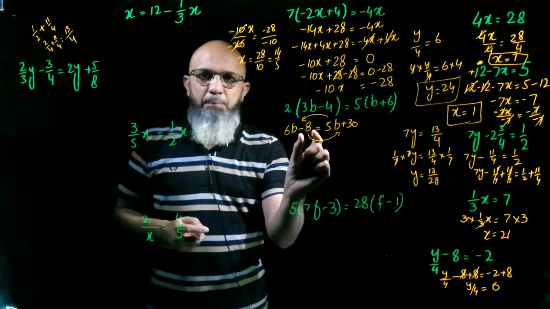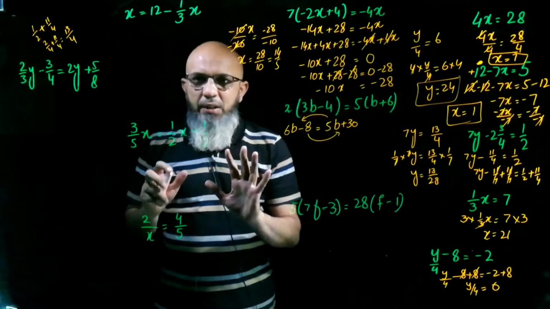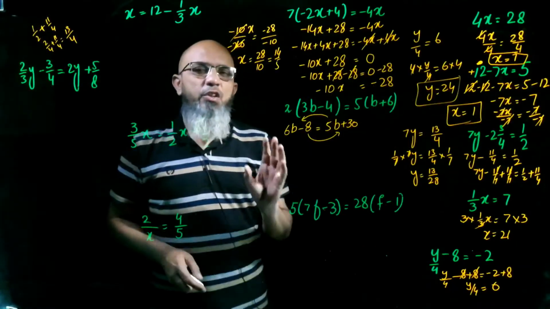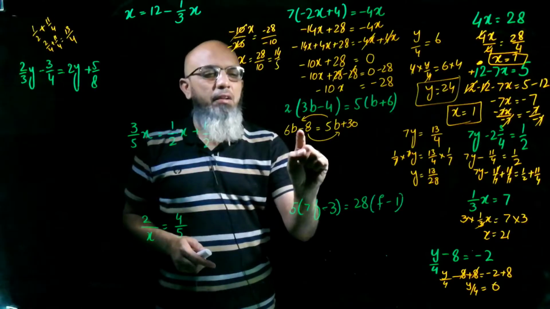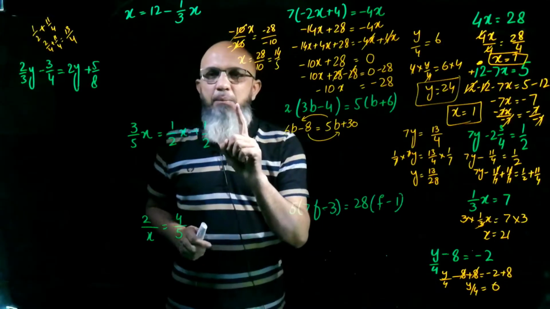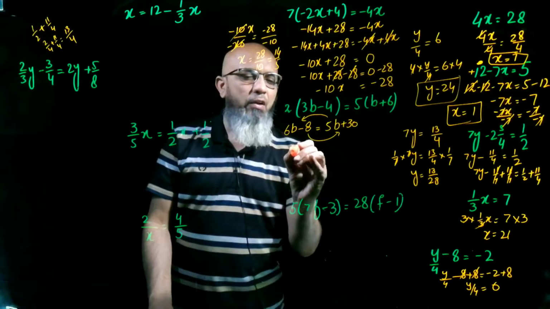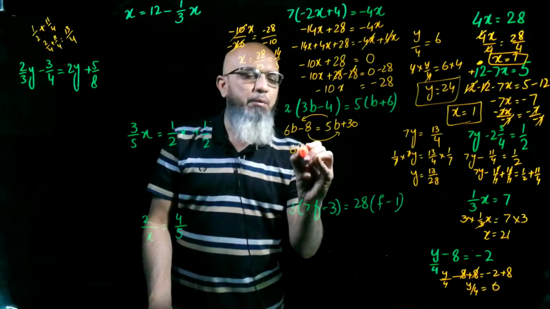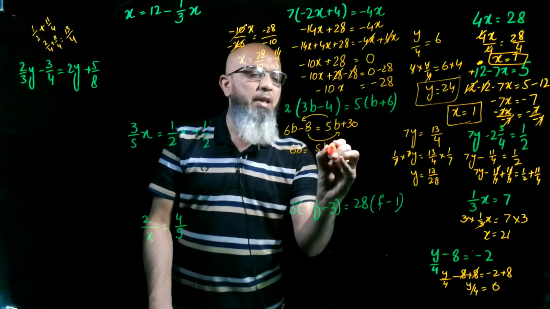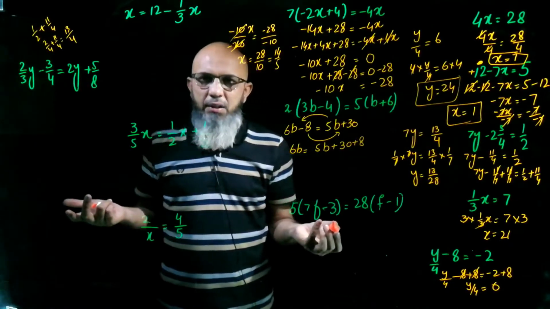We will add 8 on both sides and subtract 5b on both sides, as we did in the previous questions. If there is any negative value, we move it to the other side and it becomes positive. So if I move minus 8 to the other side, we get 6b is equal to 5b plus 30 plus 8, right?